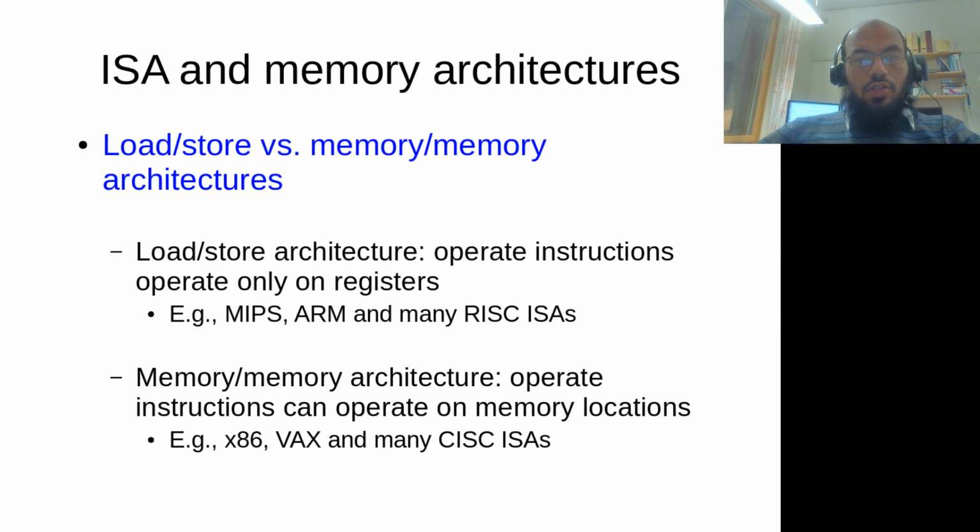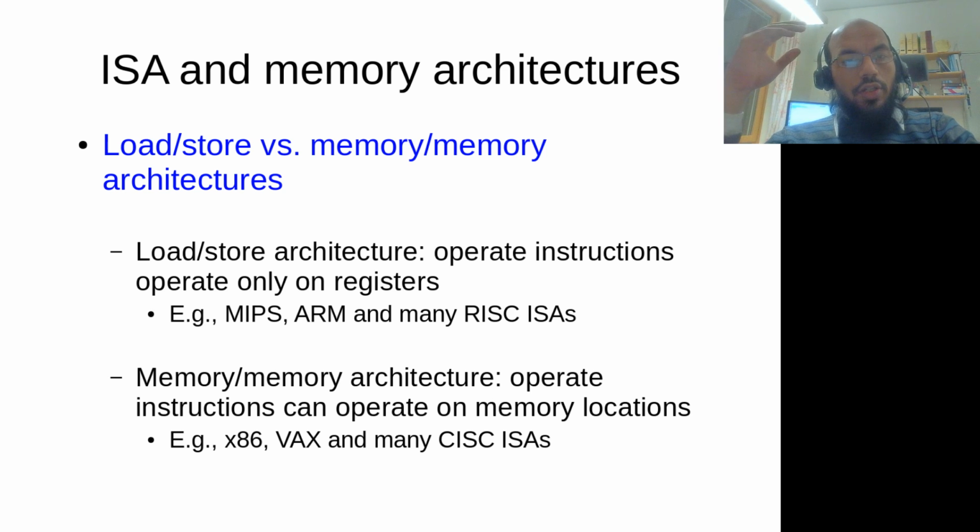And one thing to also think about, and that makes a difference in operating systems also, is that there are two kinds of memory architectures for instruction set architectures, where you design your instruction set architecture. One of them is what is called load store architectures, and the other is memory to memory architectures.